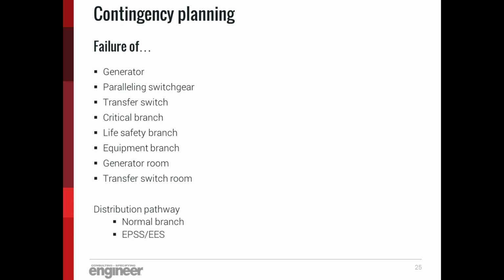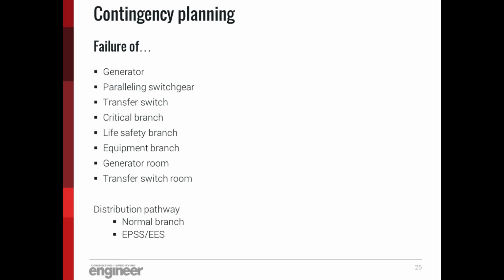It's like any part of emergency power. Whether the transfer switch feeds the critical branch or the life safety branch or the equipment branch, or in the smaller facilities, a branch which might feed more than one of those 3 types of loads. In those cases, any switch can fail. Any transfer switch can fail.